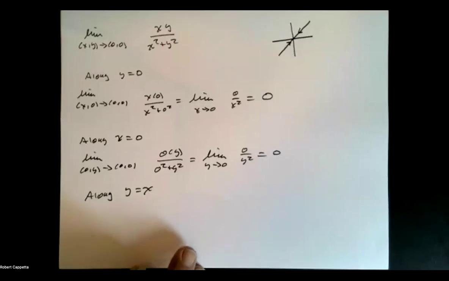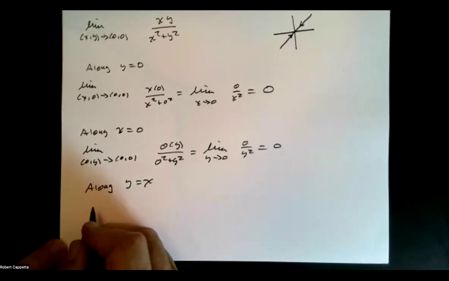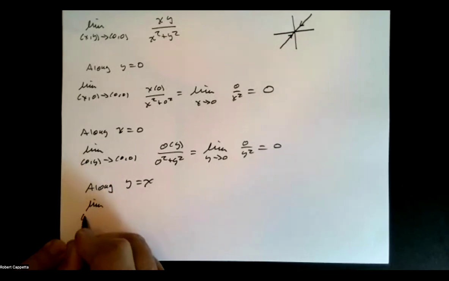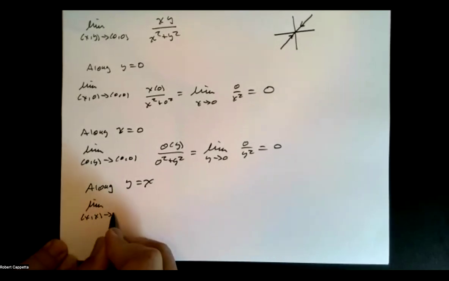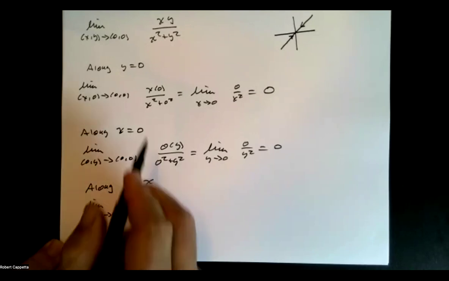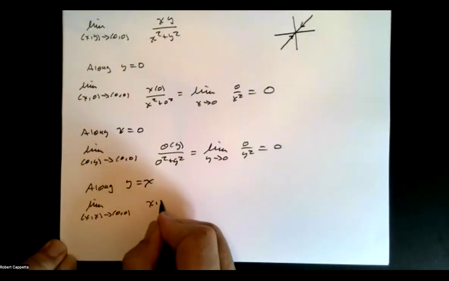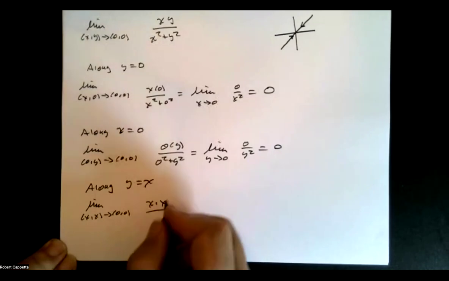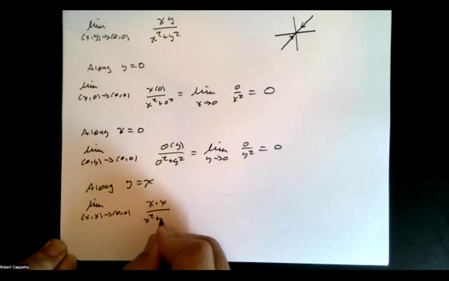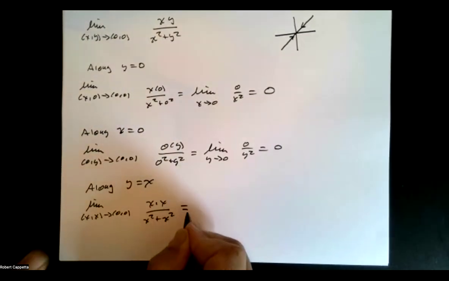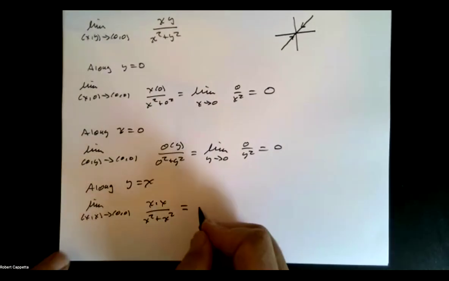If I go along the line y equals x, what would that be? That would be the limit as (x, x) approaches (0, 0). xy would be the same as x times x. x squared plus y squared would be x squared plus, well, y equals x, another x squared. What does this become?